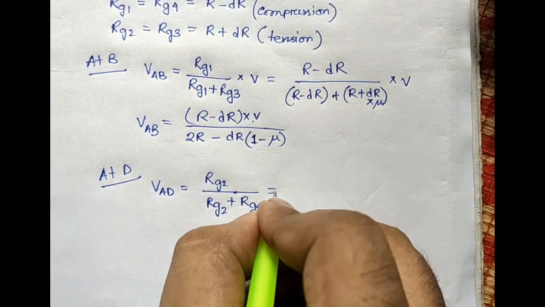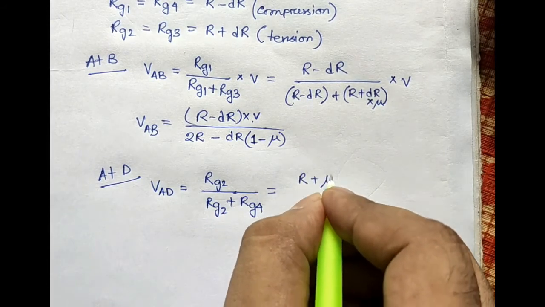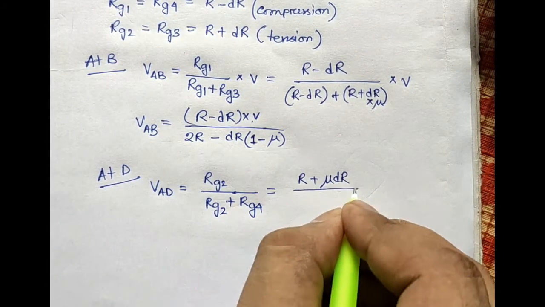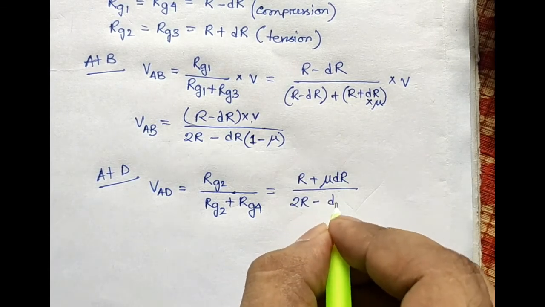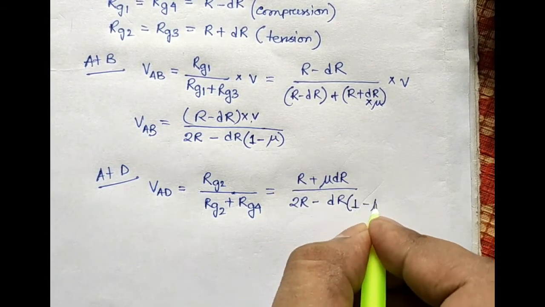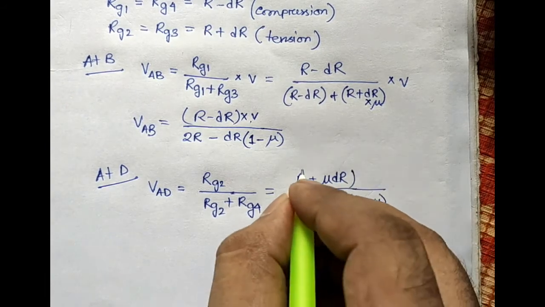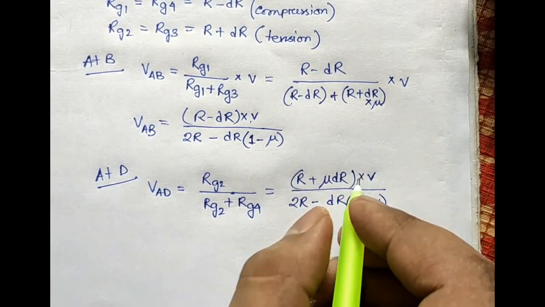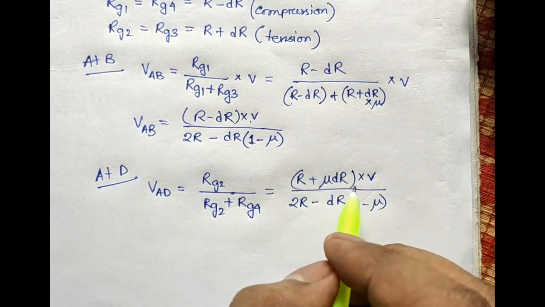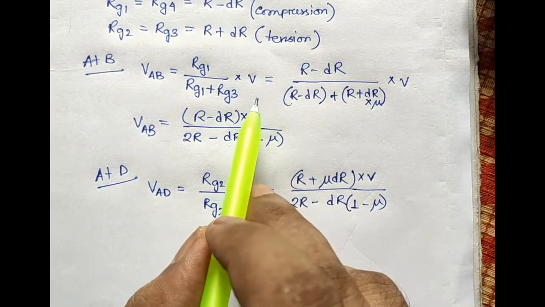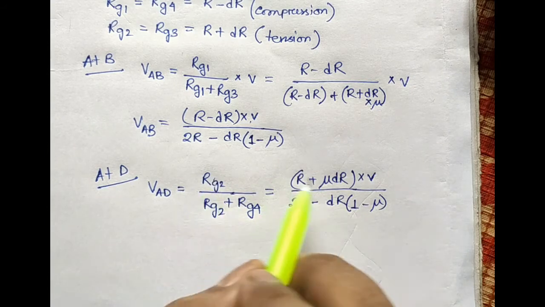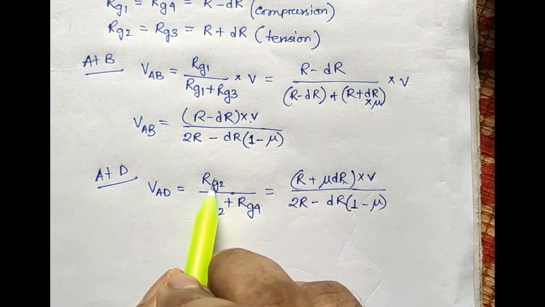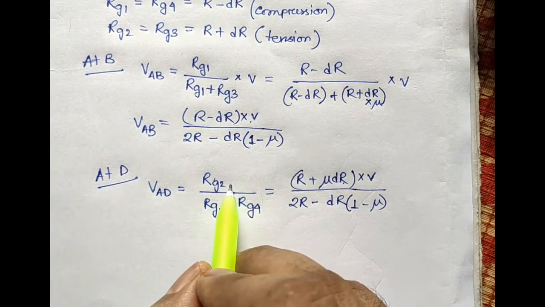It will be equal to R plus mu dr over 2R minus dr times 1 minus mu, and this into V. So we are just skipping the calculation and giving the final result. In this way you can easily calculate and find the further expansion of this formula.